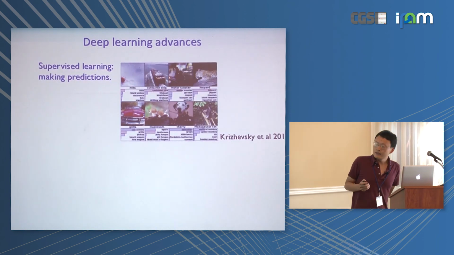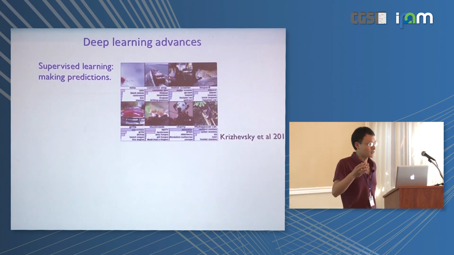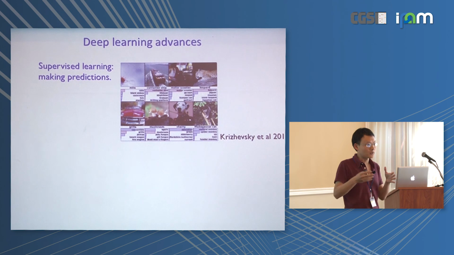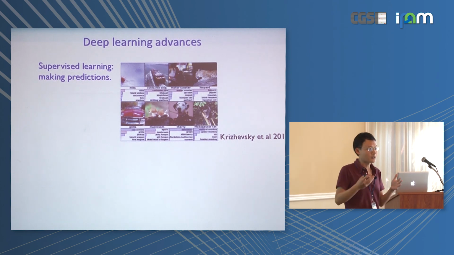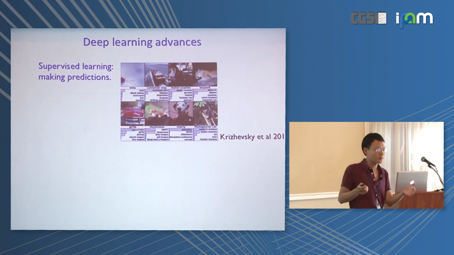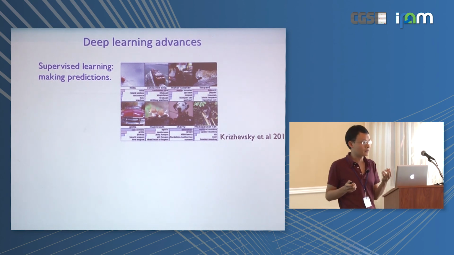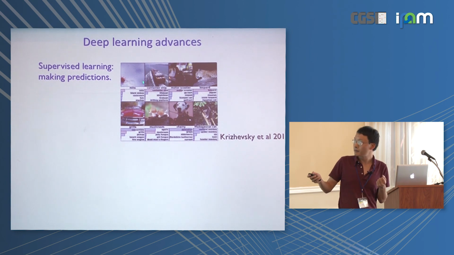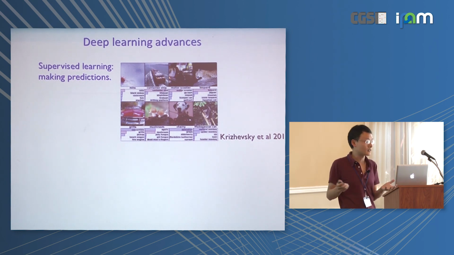Okay. So when you think about these kinds of applications of deep learning, there are basically two broad classes. The first class is what we're more familiar with, making predictions. That's also what we call supervised learning in machine learning. Making predictions is really what you think of when you think about machine learning. So you have some input examples. In this case, it could be natural images.